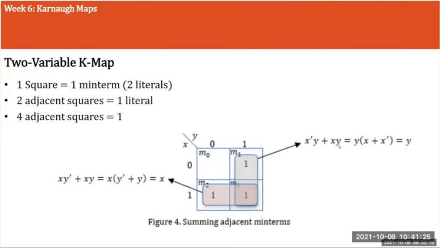Okay, so iniwalay nyo lang yung y natin here. So redistribute natin siya. So y is equal to x plus x prime. So ang value ng x plus x prime again is 1. So y times 1 is equal to y.